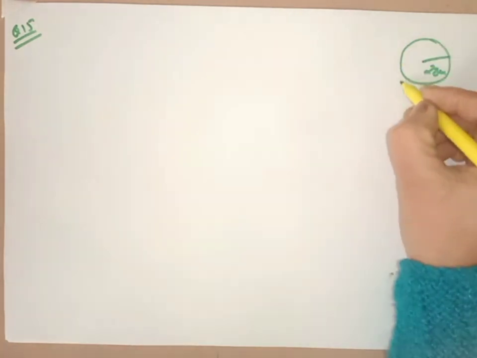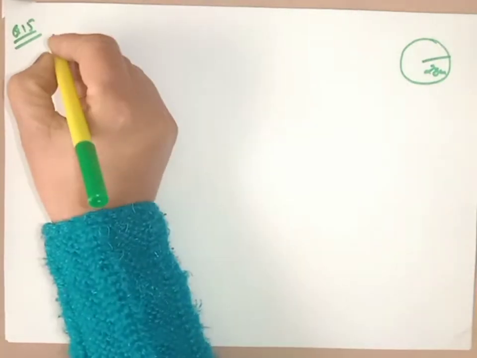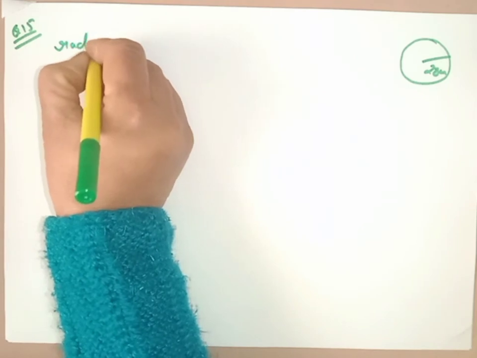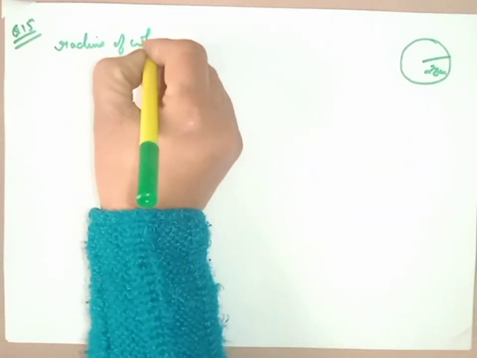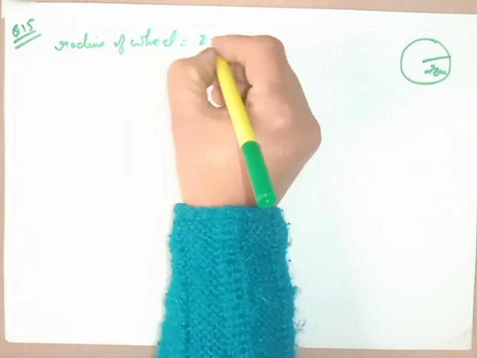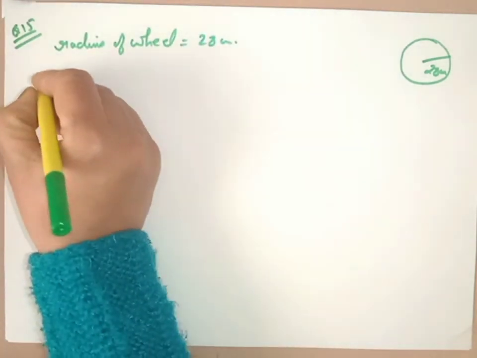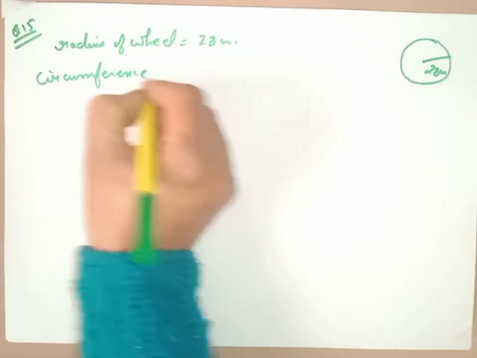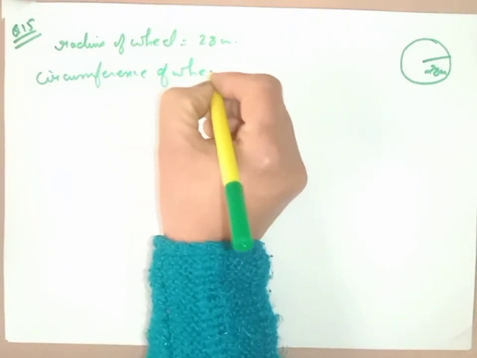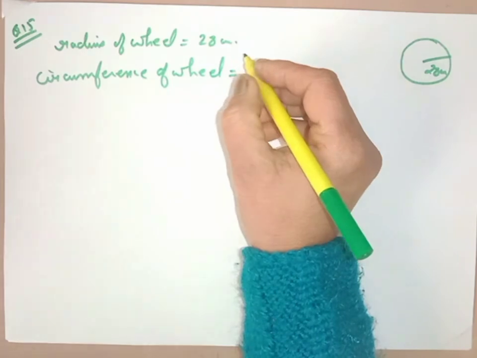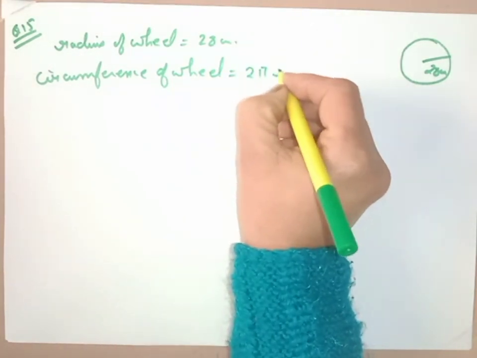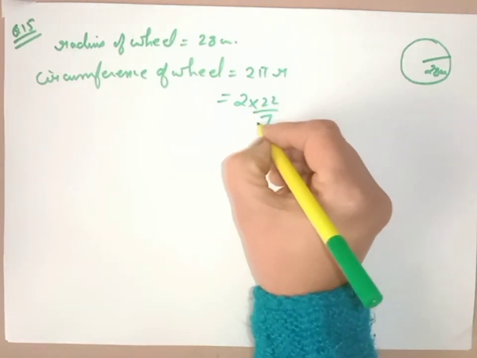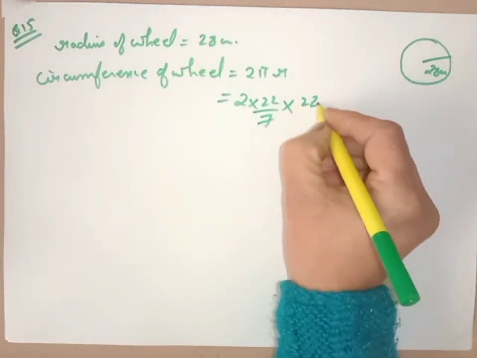First we find the circumference of the wheel, that is 2 pi r. The pi value this time is given 22/7, and the radius is 28.